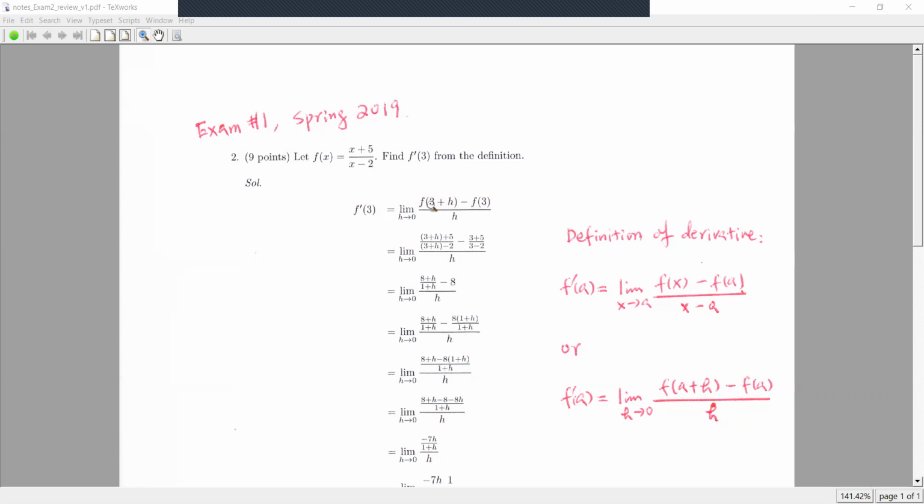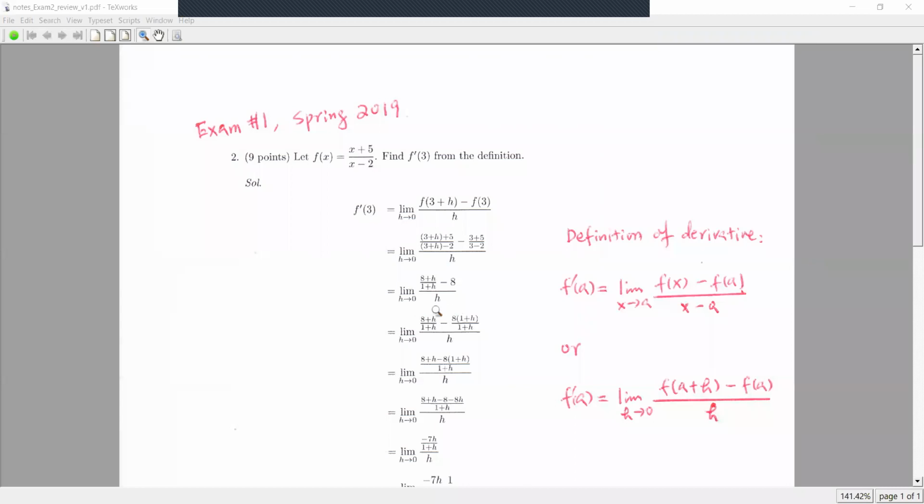Then f of 3 plus h is this quotient. To find f of 3, replace all the x by the number 3. Then f of 3 is this quotient. Simplify the numerator, then I have this equation.